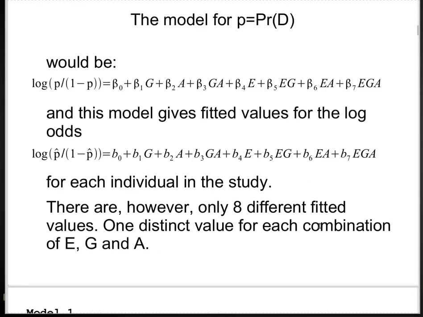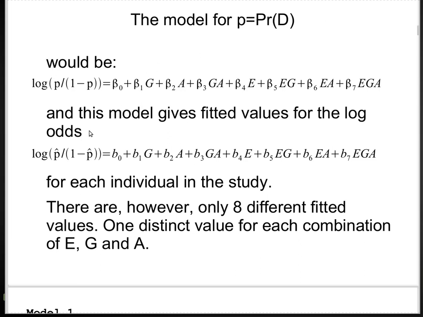Well, we could have established a model for the log of odds of disease, as we have seen many times here. We would then get a model, if we started, as has been our way, with the model with 8 unknown regression coefficients, including the constant.